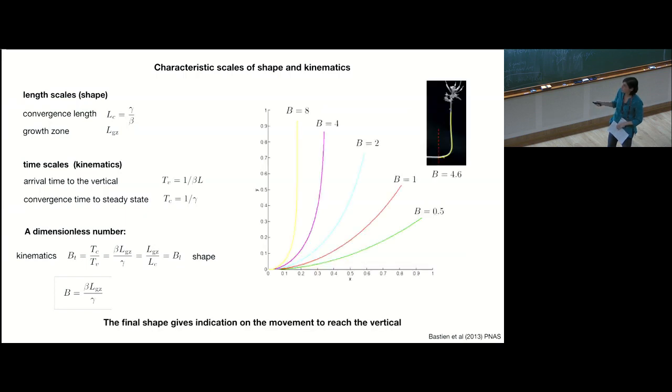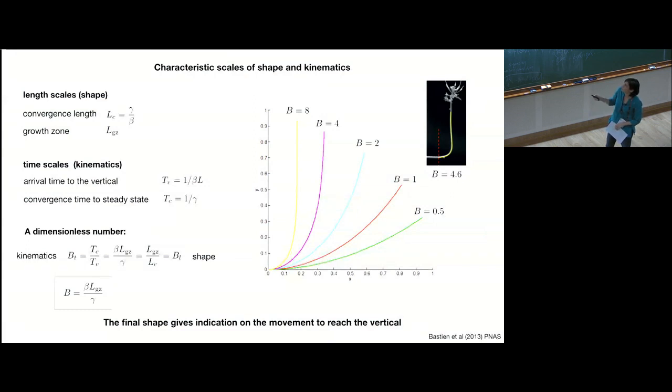And here I give some examples. These are the steady states of simulations with different B values. So you see that when B is low, you get something closer to the wheat coleoptile type, where it doesn't reach the vertical. And with a high B, you do reach the vertical, and most of your organ is actually vertical.